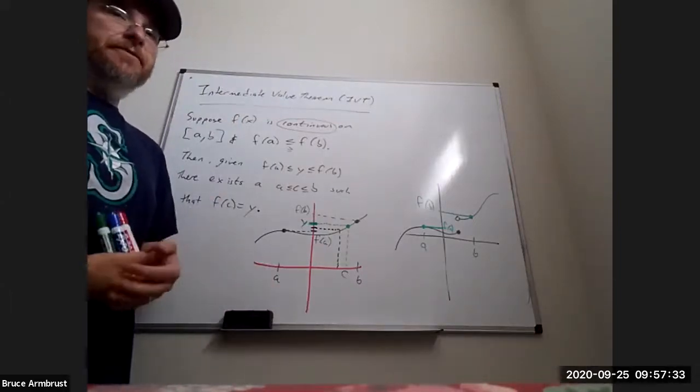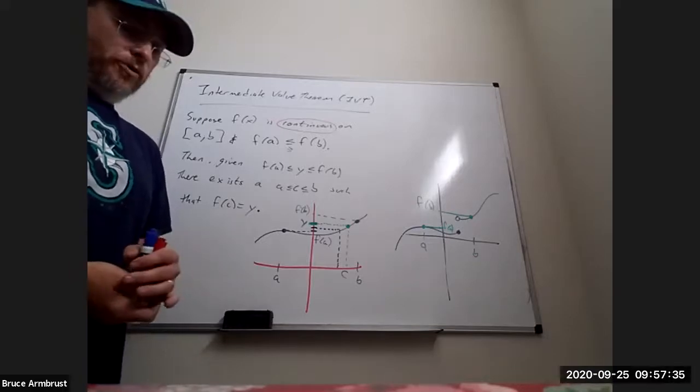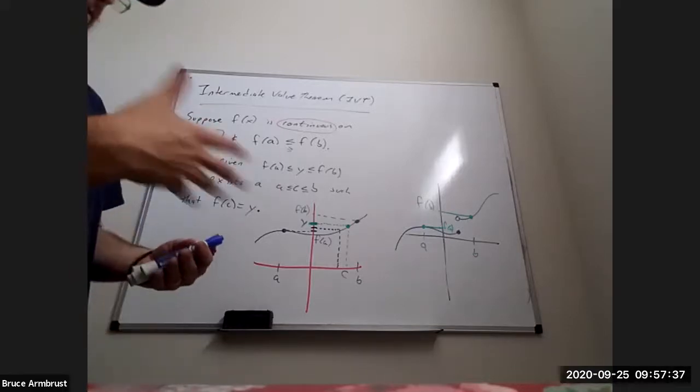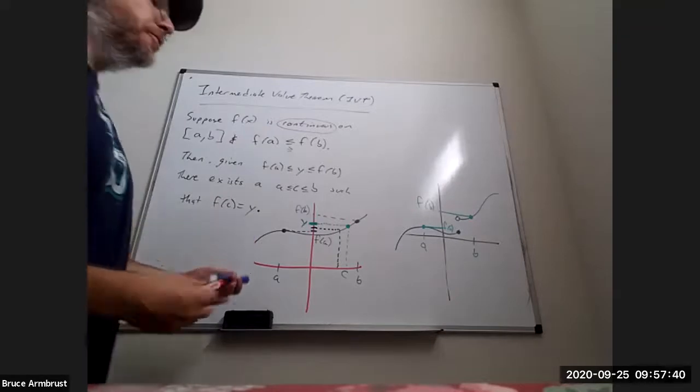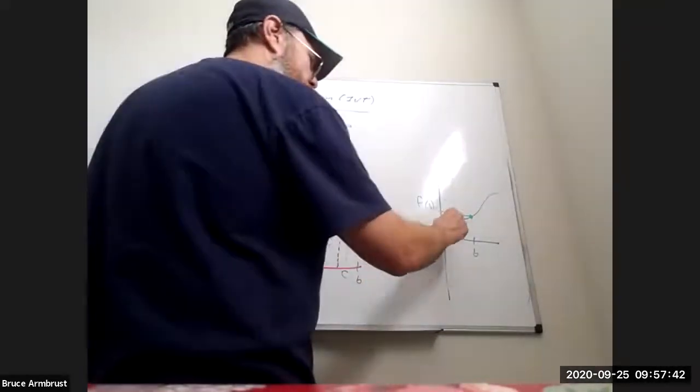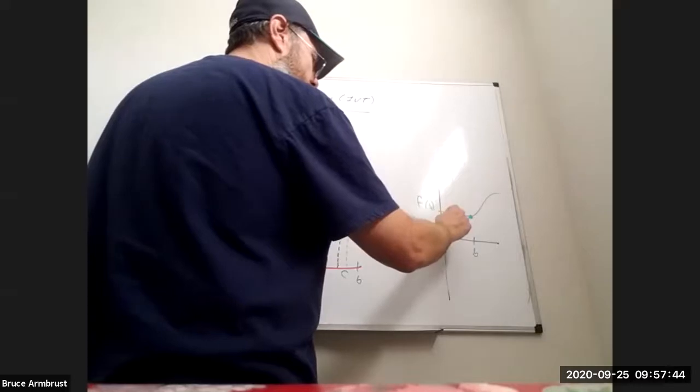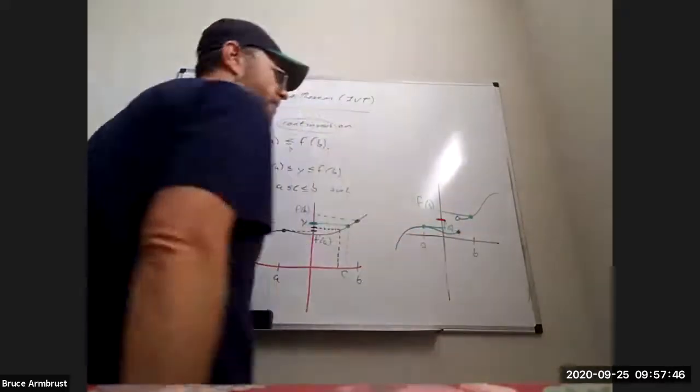So maybe this is enough for you to see why the intermediate value theorem is not going to work. But let me just be real explicit here. Let's choose a y value that's between f of A and f of B. Right here.